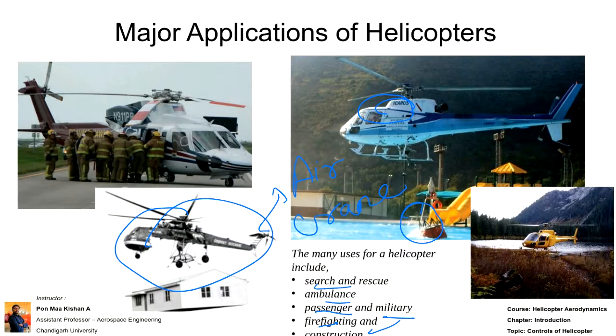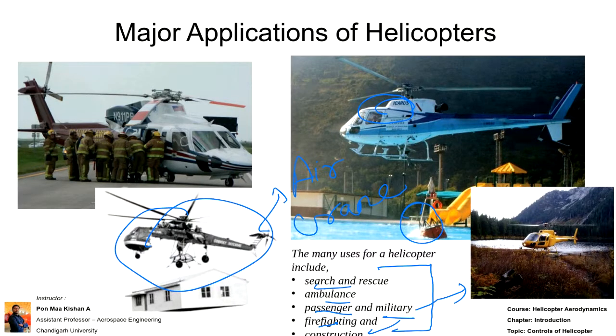Okay, so you might have seen during constructions of buildings, right? So there will be a crane. So like that, the helicopters are also used as an air crane, and so these are the applications. So 5 applications are there: search and rescue, ambulance, passenger and military, firefighting, and construction.